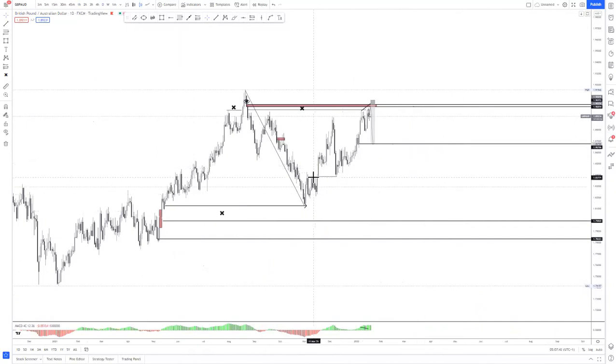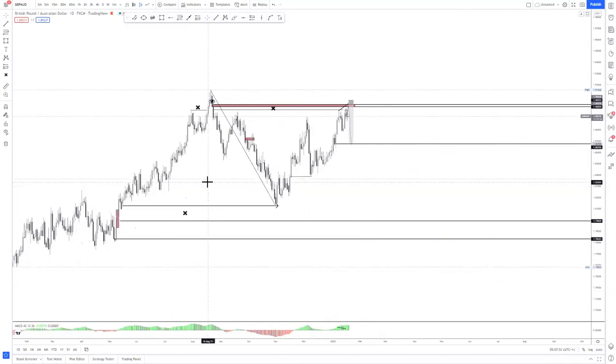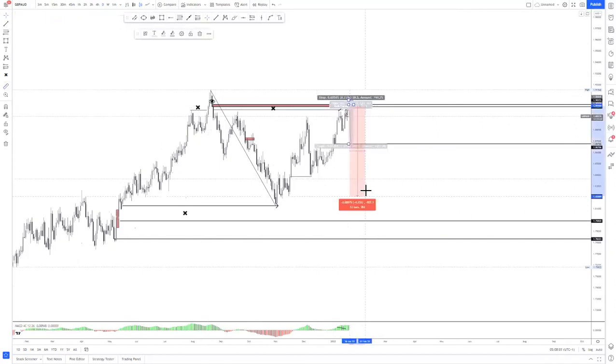It will be very interesting if we can get a setup on this pair, because we'll be looking at a lot of pips. From the analysis I did, I'm anticipating at least 700 pips on this pair for my entry. We still have more to go, but we're going to stop it.